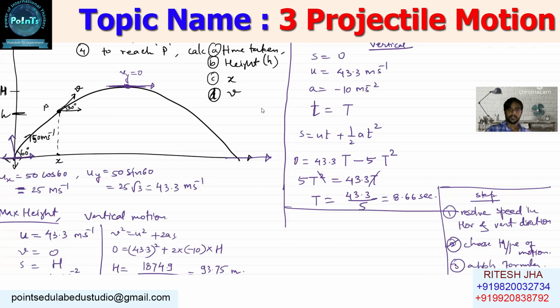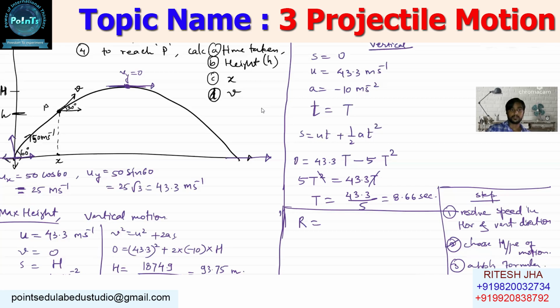Now, for the horizontal motion, we have to calculate the horizontal range. For the horizontal motion, we have only one formula: R is equal to horizontal speed into time. What is the horizontal speed over here?